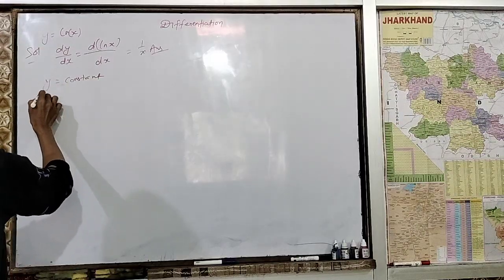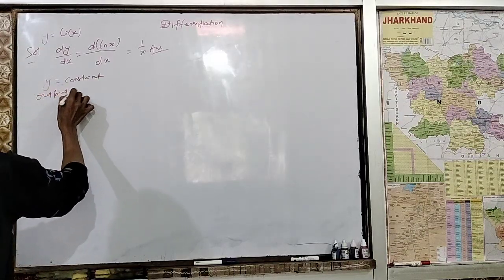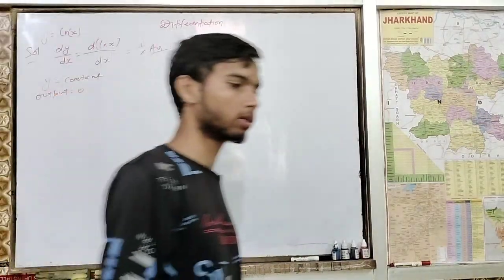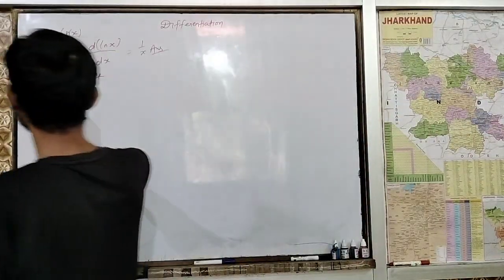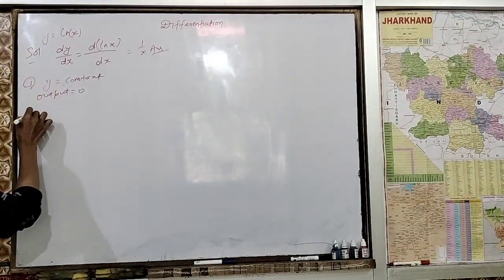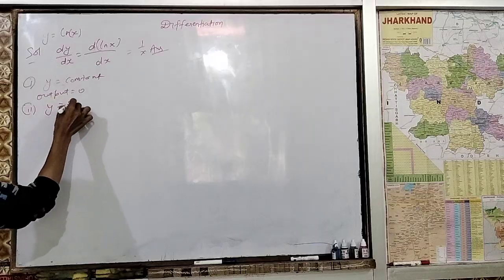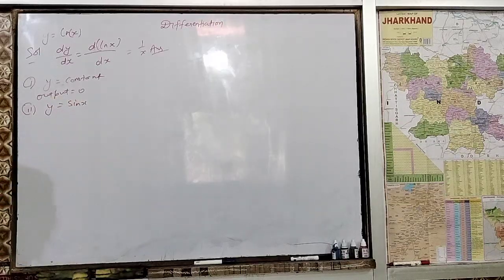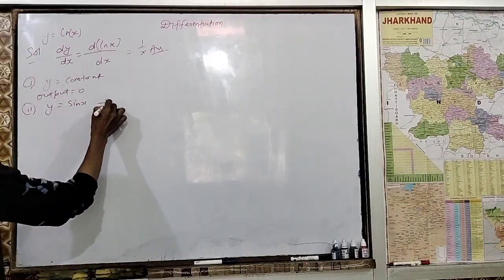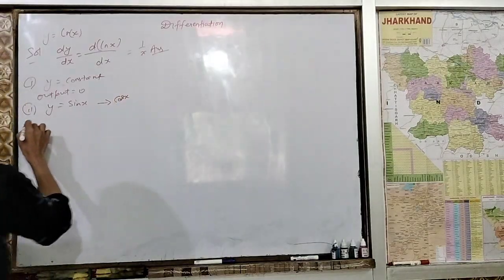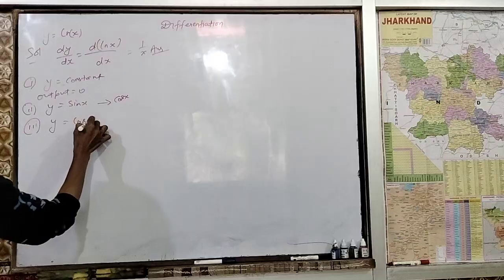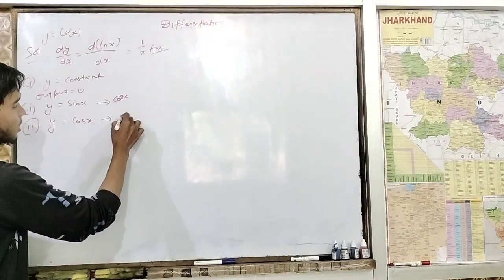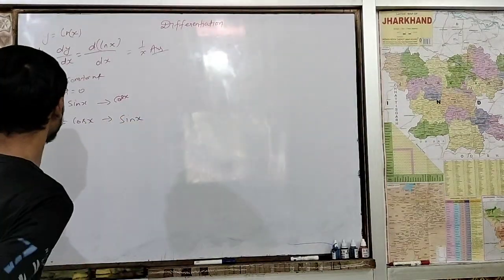Remember, output would be 0. Now this one we saw. Second, if y is sin x, then differentiation of this would be just cos x. If y is cos x, then differentiation of it would be just minus sin x.